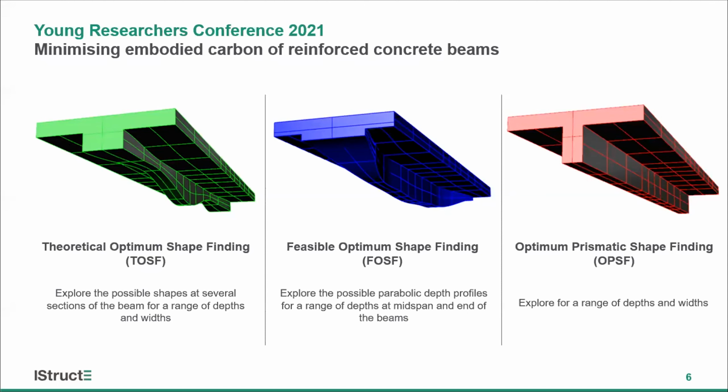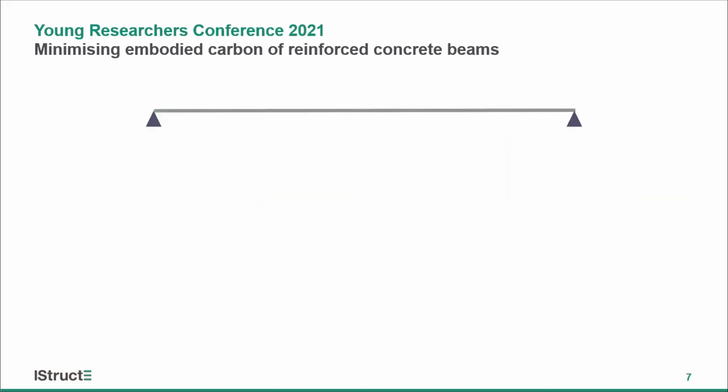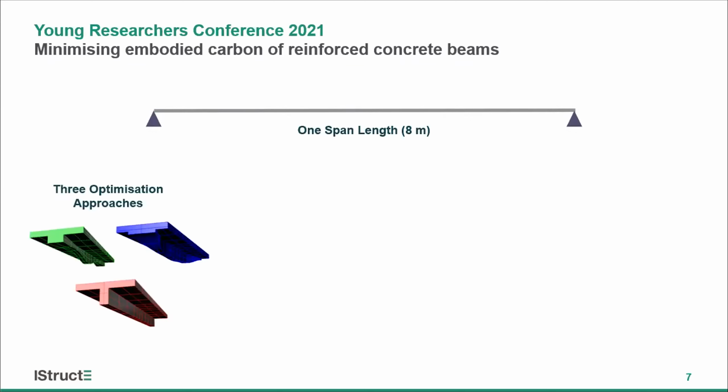To facilitate a fairer comparison, I will optimize prismatic beams as well by designing for a range of depths and widths. In order to compare these approaches, I will design beams for one span length, and I will optimize the beam designs using these three optimization strategies.